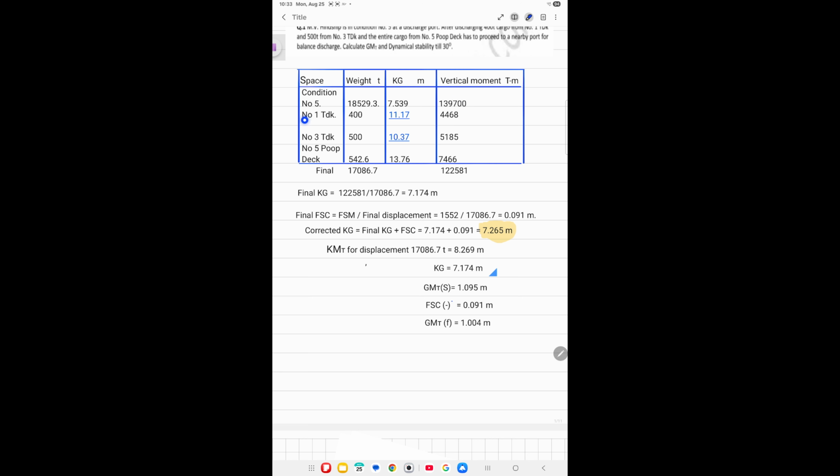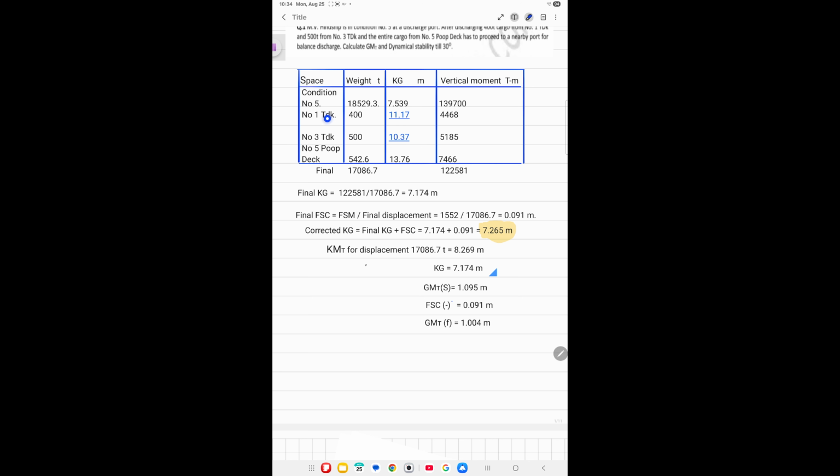Now I discharge cargo from number 1 twin deck. 400 tons was discharged. I got the KG 11.17 and the vertical moment 4468. Weight multiplied by KG will give vertical moment. Then number 3 twin deck 500 tons, KG 10.37. Both these KGs are also given in the table in condition number 5.